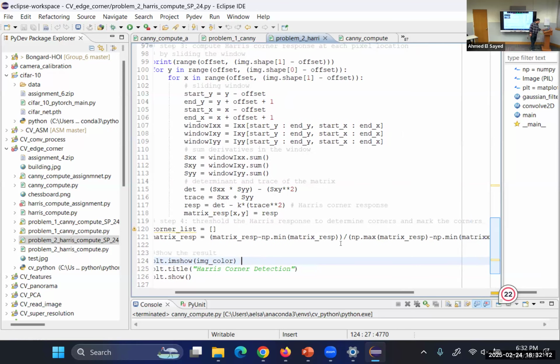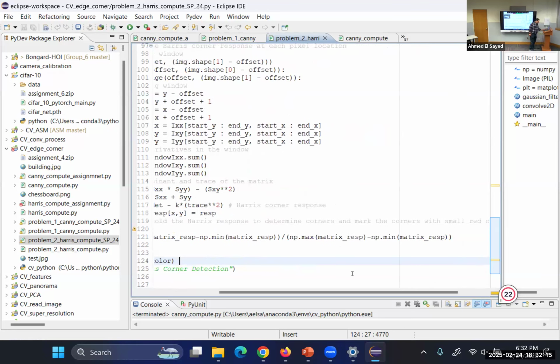The operator value is normalized. So this is the step of normalization. Remember the normalization process that we discussed at the beginning of the year? If you have an image and you want to normalize it, how do you normalize it?